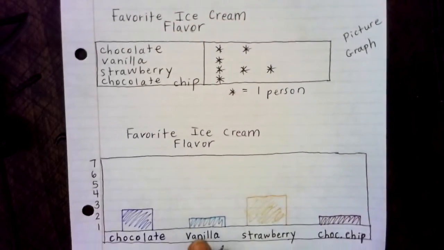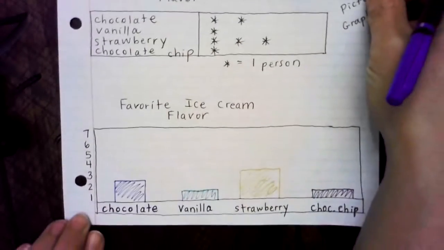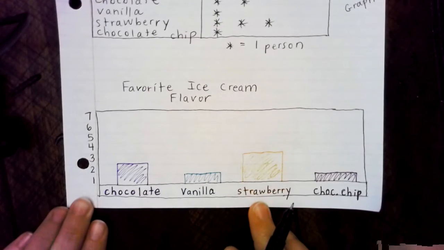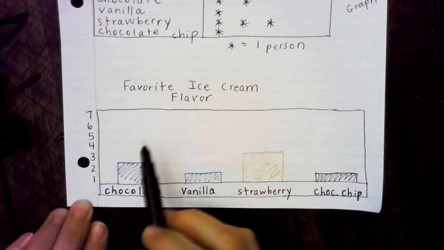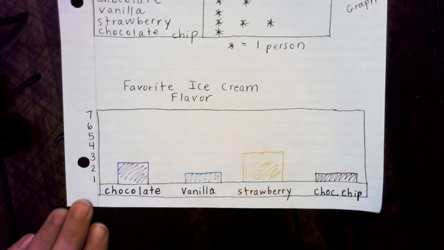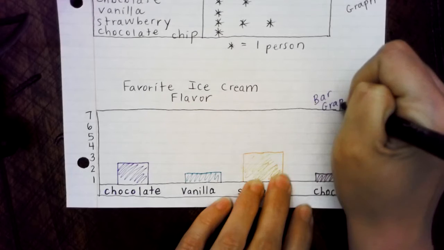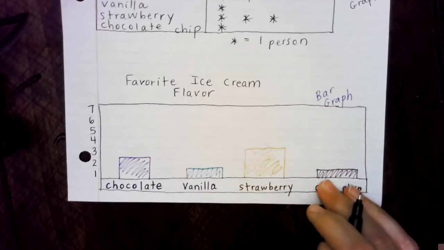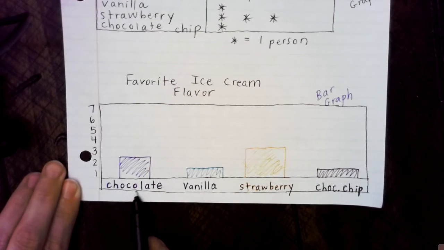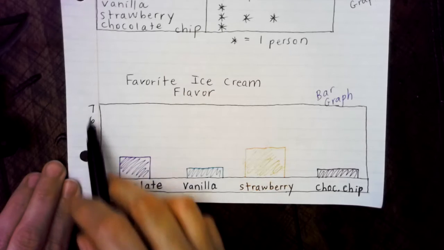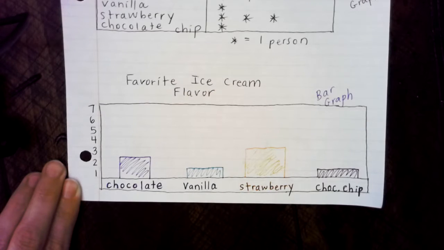So let me slide my paper up so you can see my bar graph that I created. So there's my favorite ice cream flavor. I titled it. It's really important to do that. And we said this was a bar graph. Okay, so along the bottom, because you want to label both sides of your bar graph, I labeled chocolate, vanilla, strawberry, and chocolate chip.